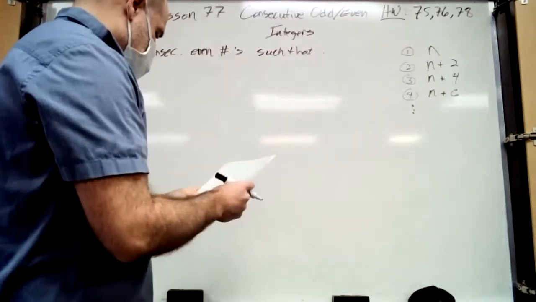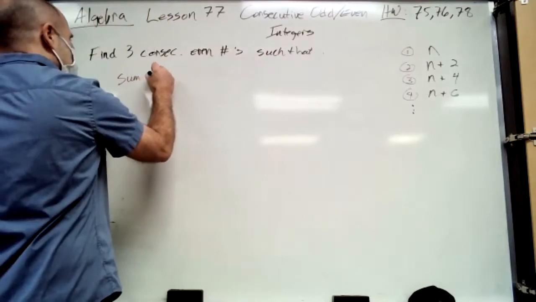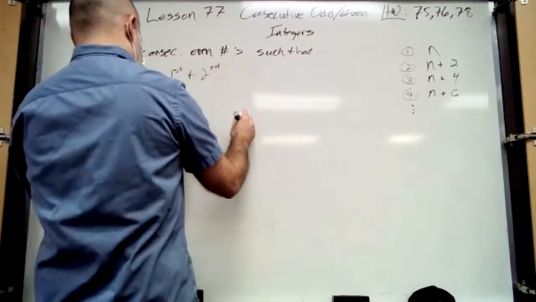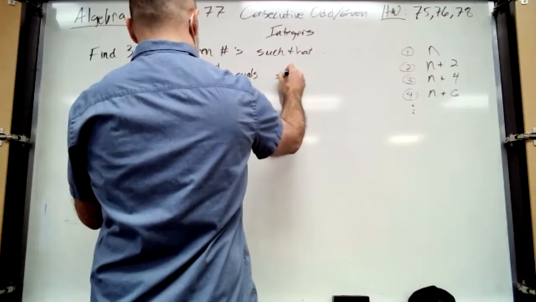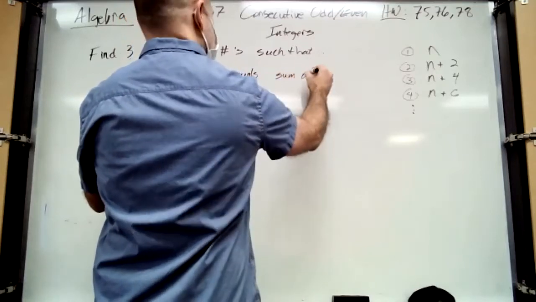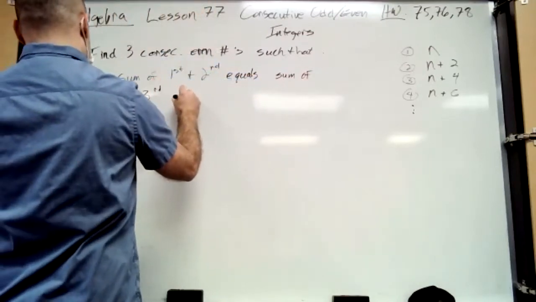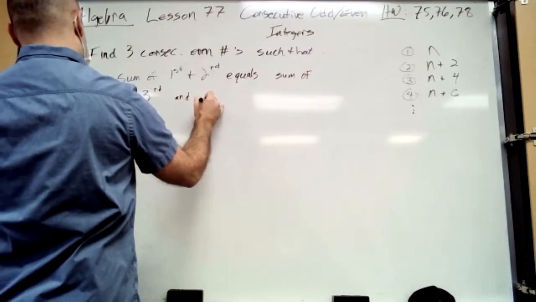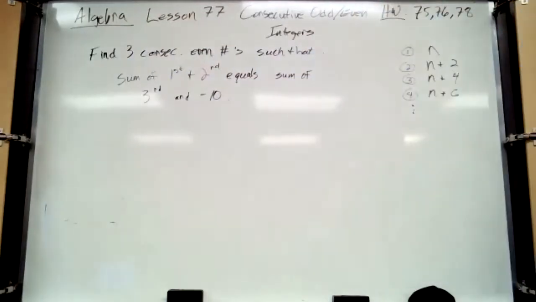So 3 consecutive even numbers such that the sum of first and second equals the sum of third and negative 10.